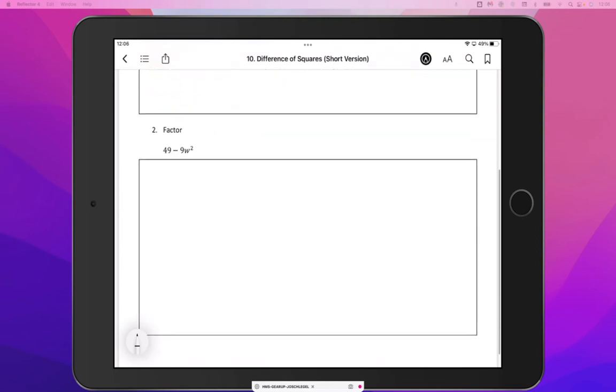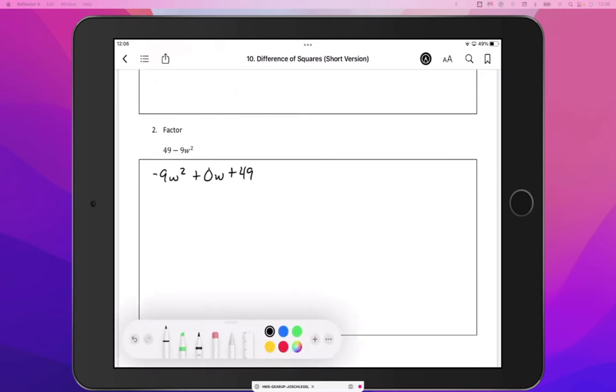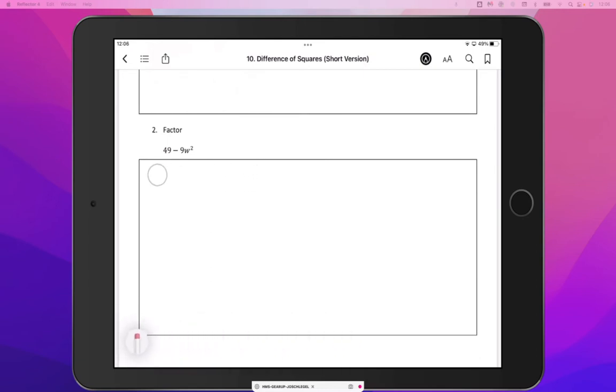So again, we're going to go with the shortcut here, but I could rewrite this as negative 9w squared plus 0w plus 49 and use the AC method to do that, just like we have in the past. I'm going to choose not to do that. I'm going to use the little, you can call it a magic trick if you want, but we're going to notice that that is a perfect square.